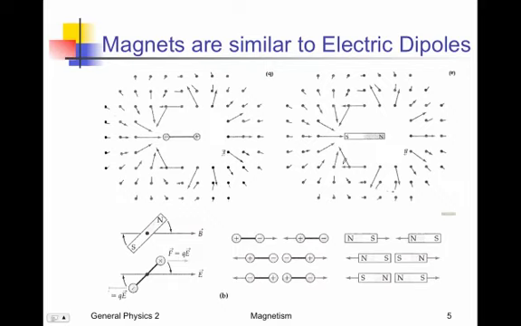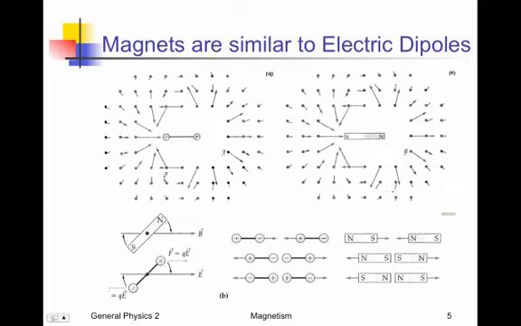Magnets are similar to electric dipoles, and so if I look at the field of my electric dipole, I can see it's very similar to the field due to my magnet. So this would be the electric field, and this example would be the magnetic field.